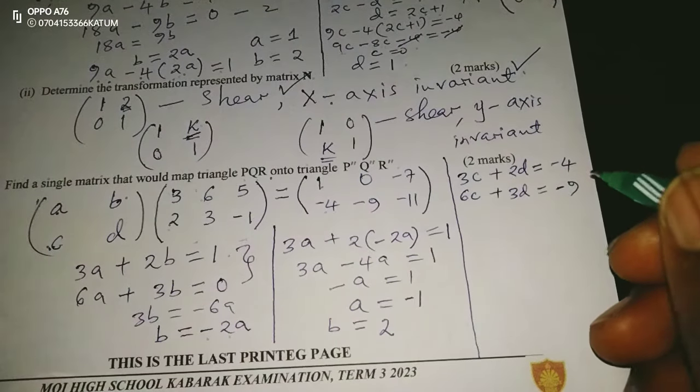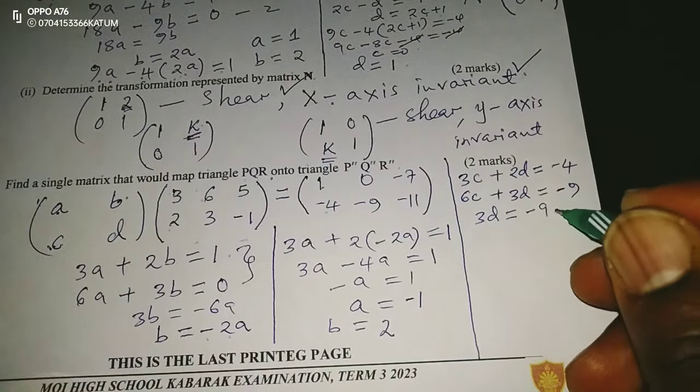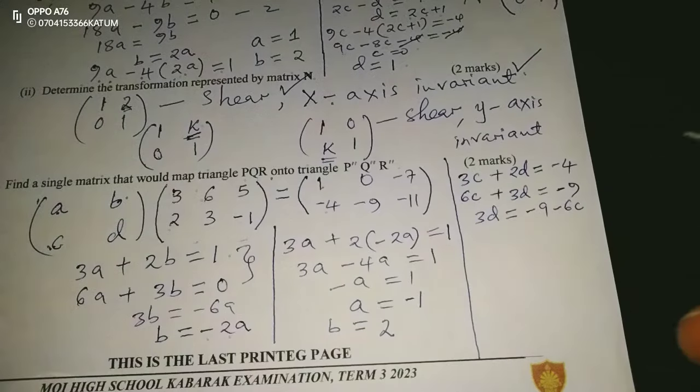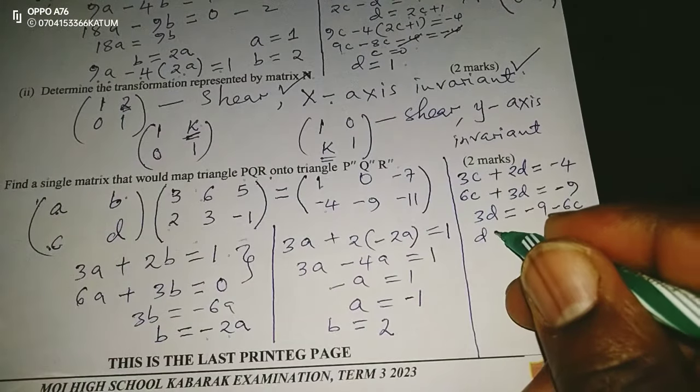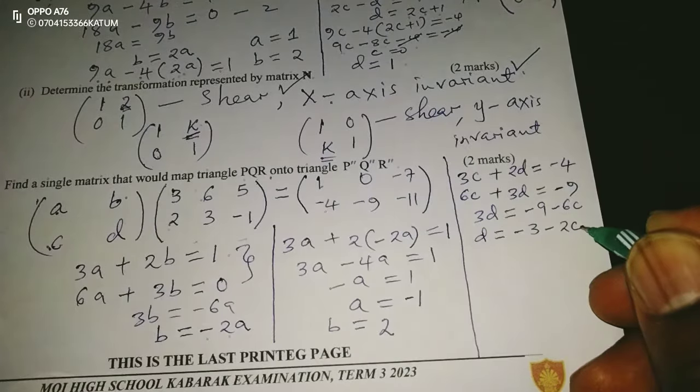From the second equation, 3D is equivalent to negative 9 minus 6C. Dividing through by 3, D becomes negative 3 minus 2C.